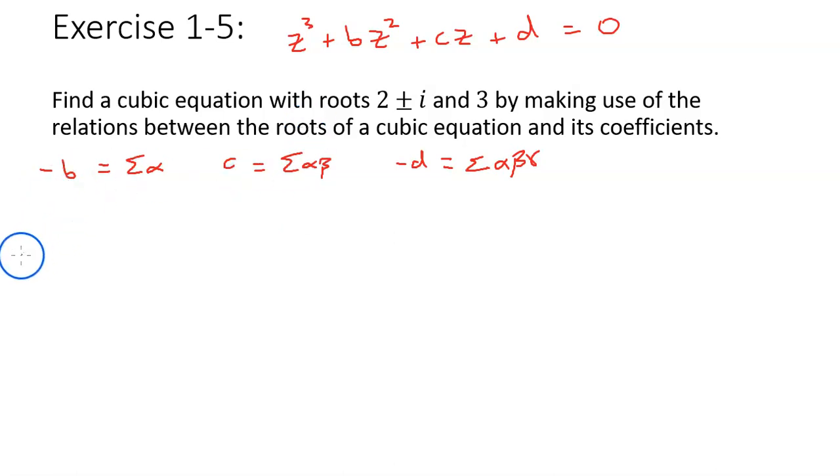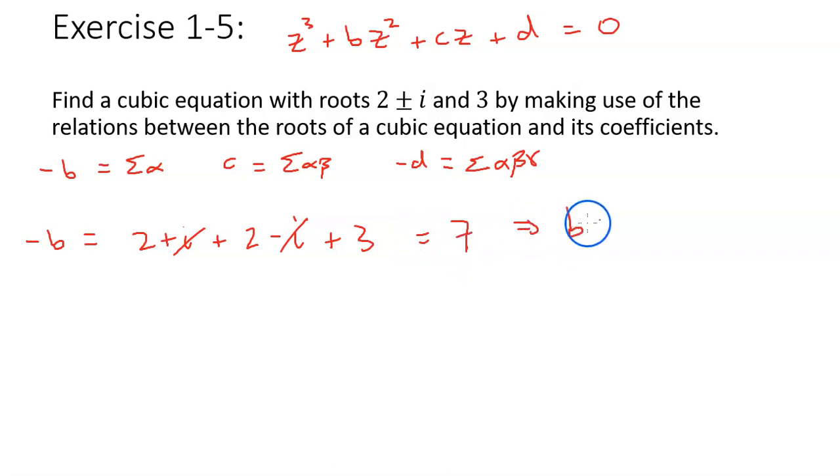Okay, so we can quickly find negative b, it's just all of the roots added together, 2 plus i plus 2 minus i plus 3, and then we just get 7. So that tells us that b is equal to negative 7. Alright, for c, we need to multiply all pairs of them together.